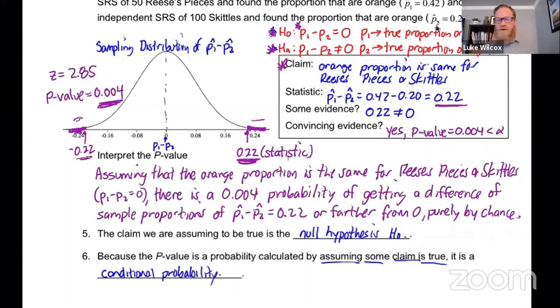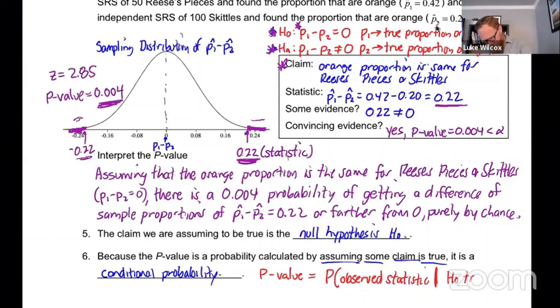Now, let me show you another way of thinking about the p-value as a conditional probability. We could think of the p-value as being a probability, so I'll use capital P here. And what it is, is the probability of getting the observed statistic, or more extreme, given that the null hypothesis is true.